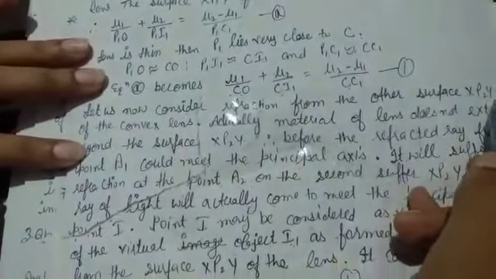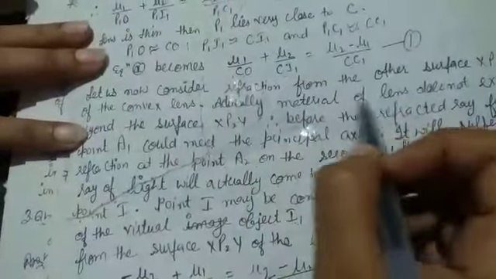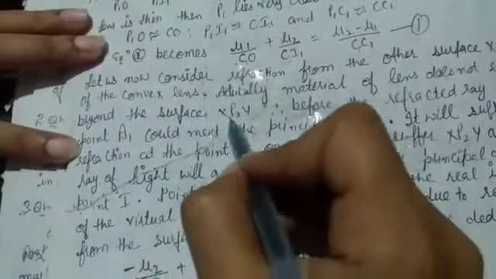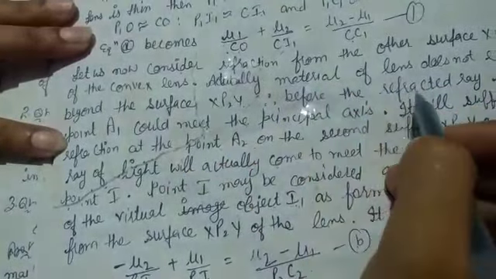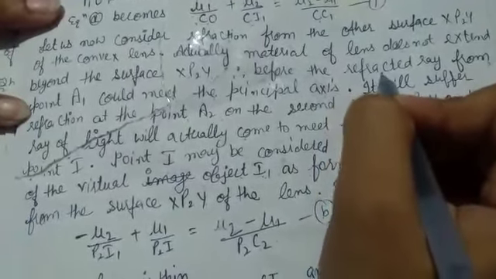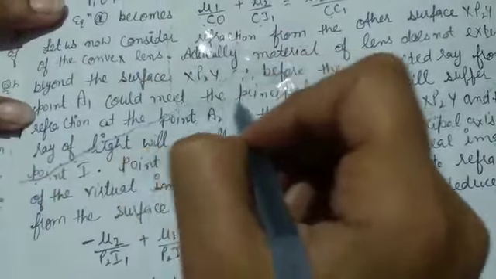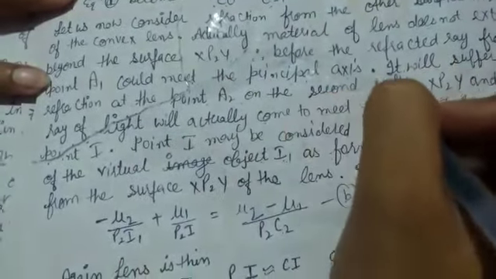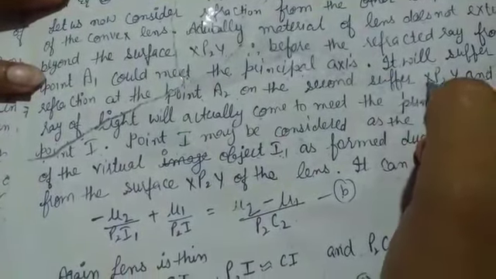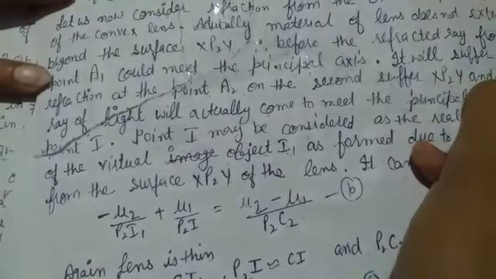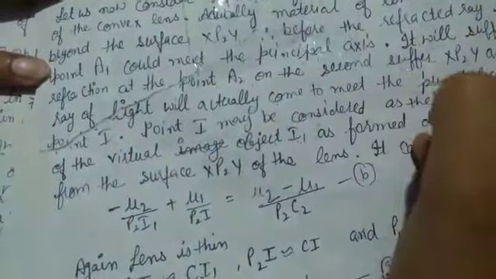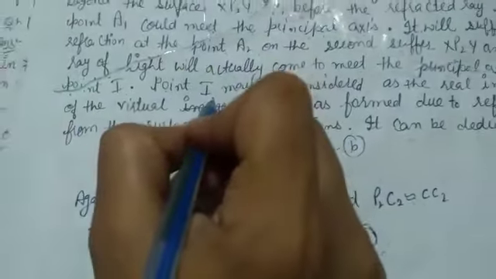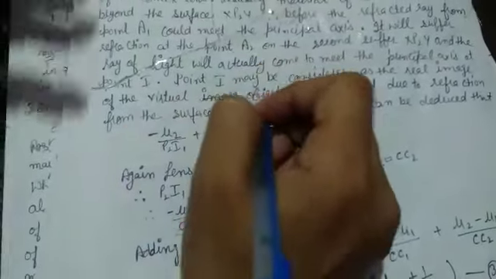According to X P1 Y this equation is formed, and now according to X P2 Y of the convex lens, actually the material of the lens does not extend beyond the surface X P2 Y. Okay, so therefore before the refracted ray from point A1 could meet the principal axis, it will suffer refraction at the point A2 on the second surface X P2 Y, and the ray of light will actually meet the principal axis at point I. Okay, so point I may be considered as the real image of the virtual object I1.